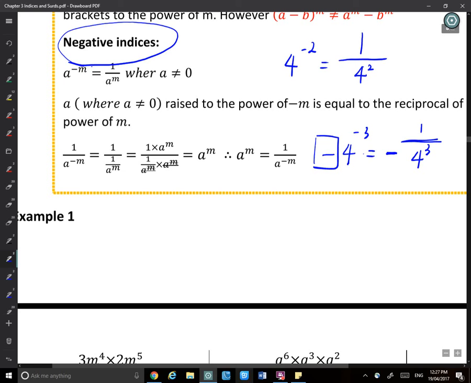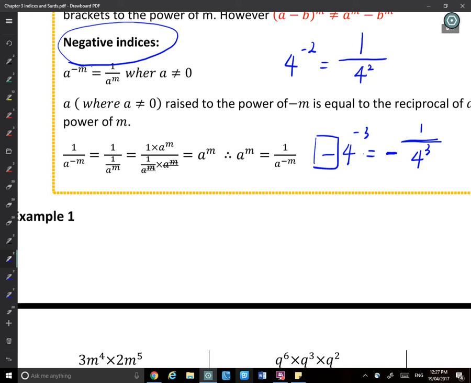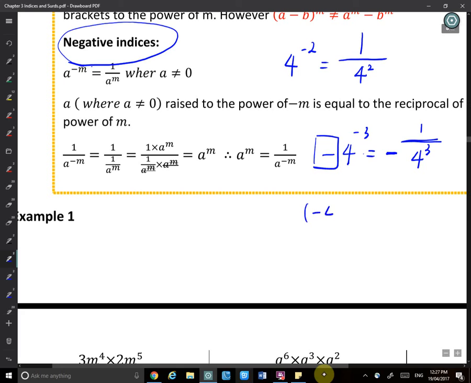The negative is actually negative 1, you don't need to worry about that. Well, if it is in the bracket it will be a different case. Negative 4 to the power of negative 2, then that will be 1 over negative 4 to the power of 2. That will be a different case.